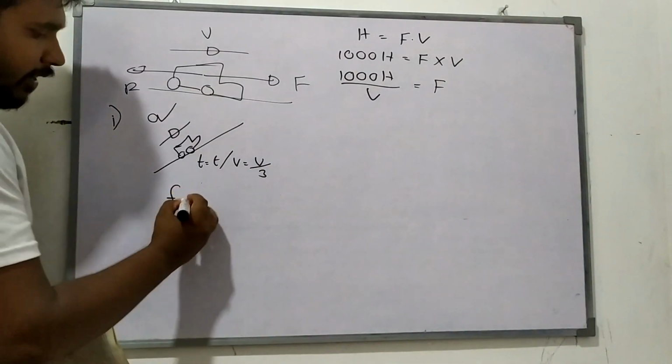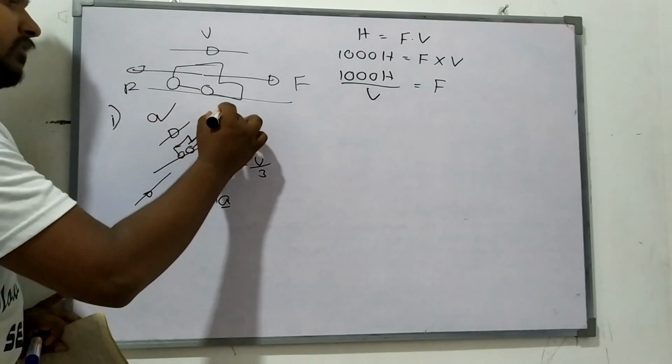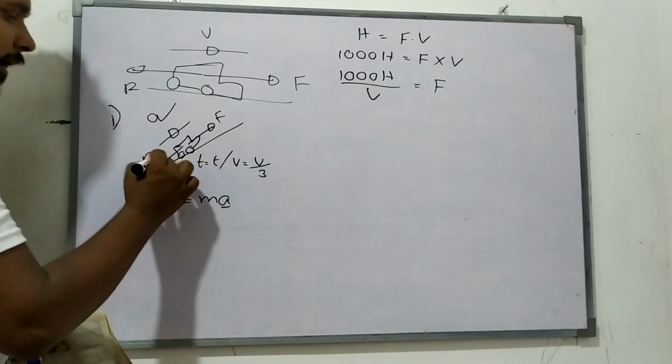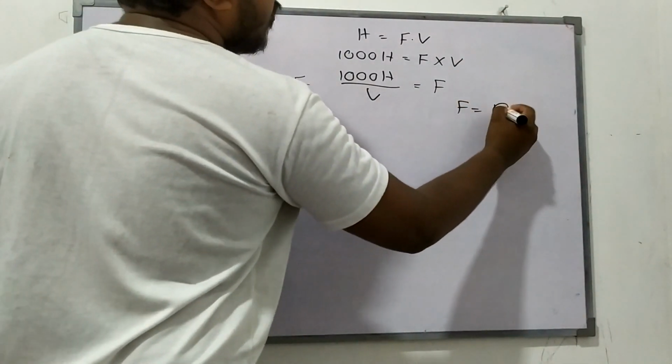So I'm going to apply F equal ma up the slope. The engine gives F, the resistance is R. Right, so here F equal R, no?